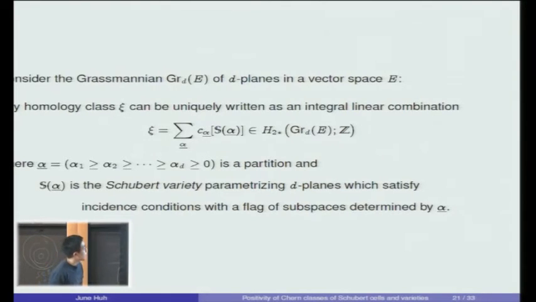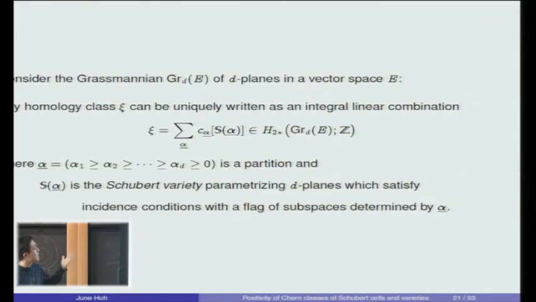And inside that Grassmannian, I have these Schubert varieties given by a partition of an integer into d parts. Whenever I have a list of decreasing non-negative integers alpha, then such alpha determines the Schubert variety, parametrizing d-planes which satisfy certain incidence conditions with a flag of subspaces determined by the partition alpha.